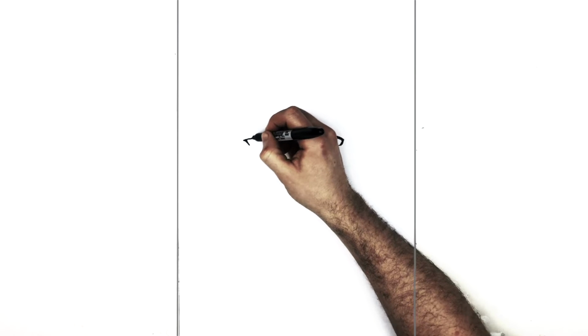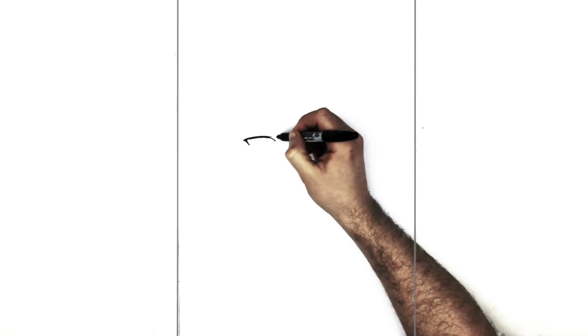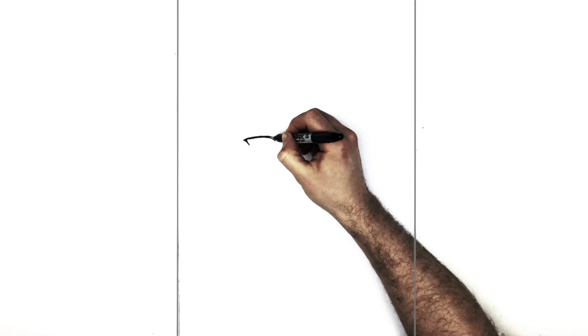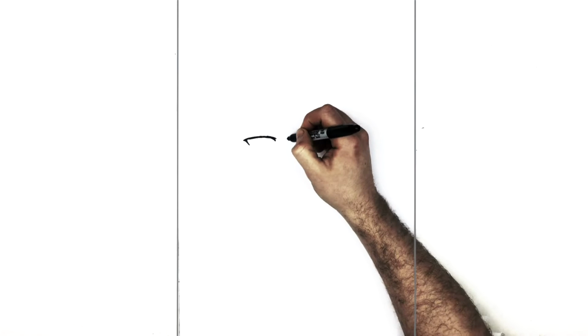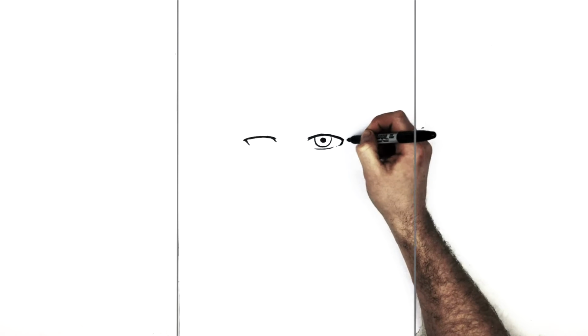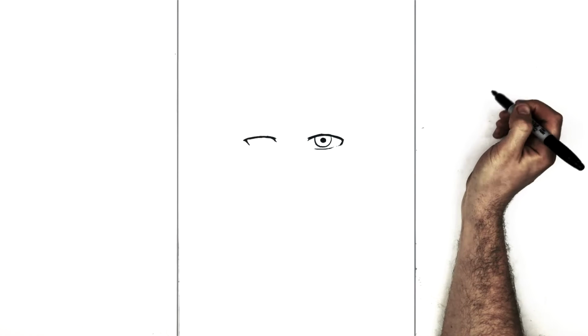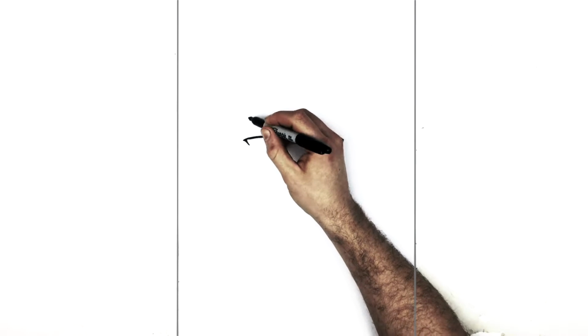And then thicken up this top eyelid. Might have some spikes sticking off the eyelash area, like this. Kind of like that. And then a slight bottom eyelid line.